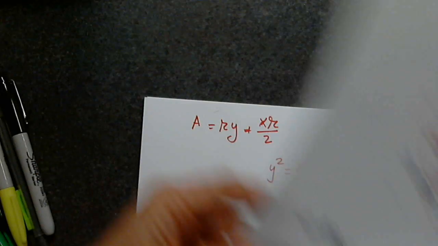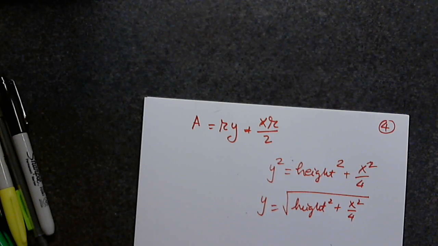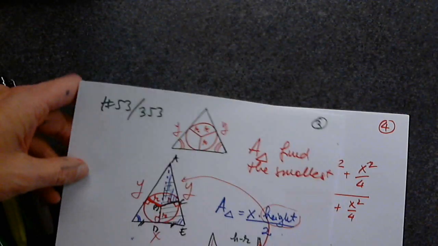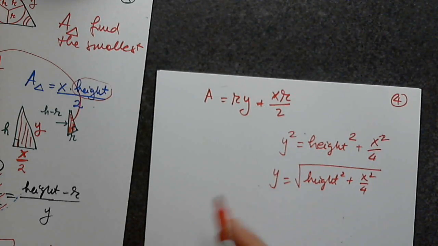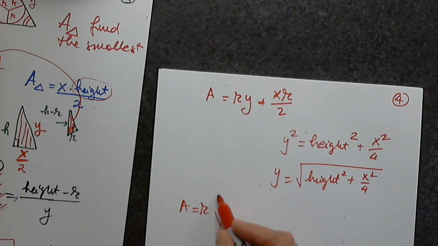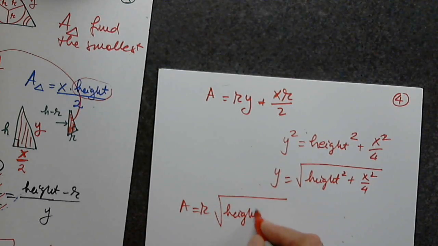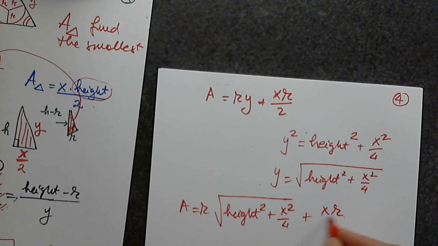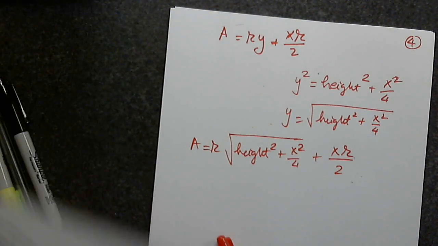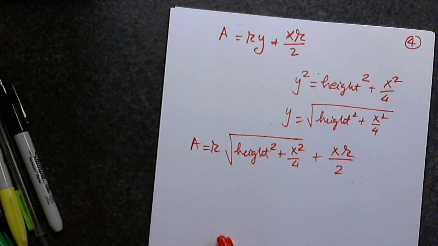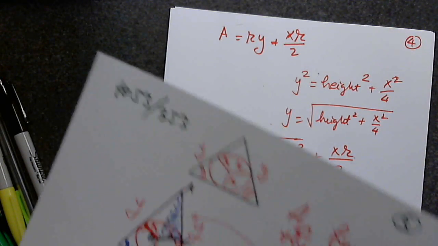So now I have to think how I determine the height somehow. Because I have a function now, I'm getting close: the square root of the height squared plus x squared over 4, and plus xr divided by 2. And then I would have to differentiate, but I need to get rid of the height. So let's think of a way of getting rid of the height.